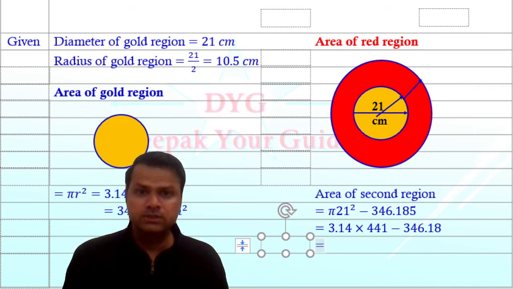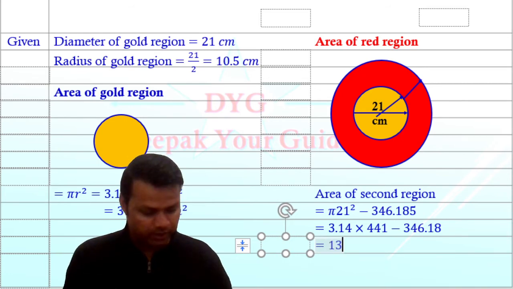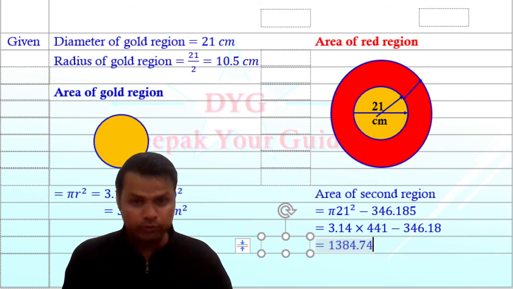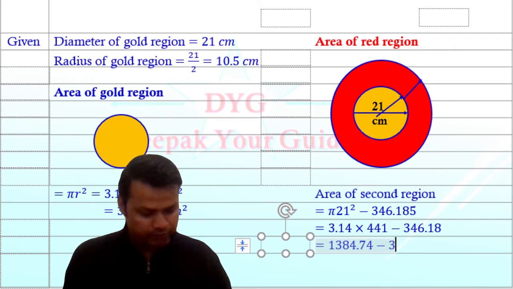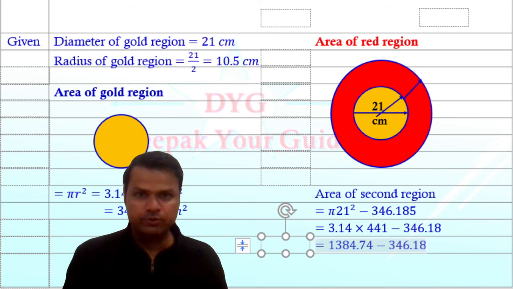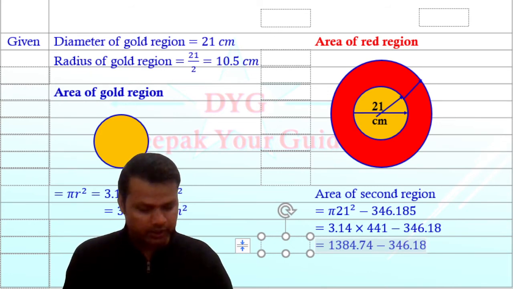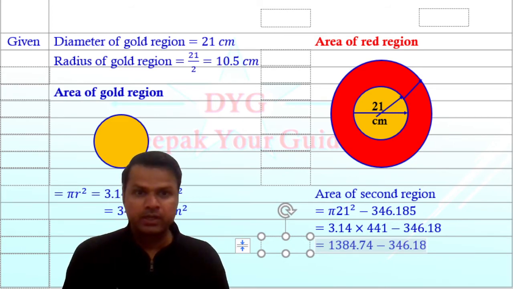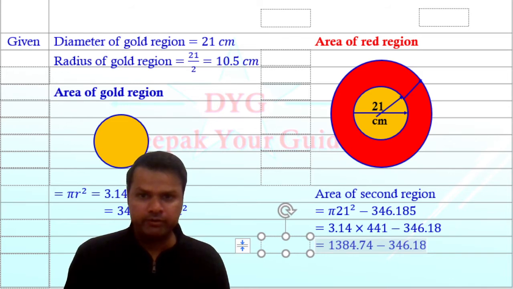We're getting 1384.74. 1384.74 minus 346.18. Now we just have to subtract. So we'll subtract, which is 1384.74 minus 346.18. This is 1038.56.